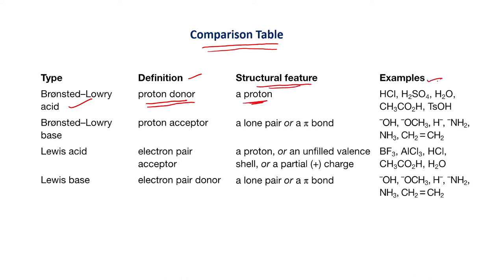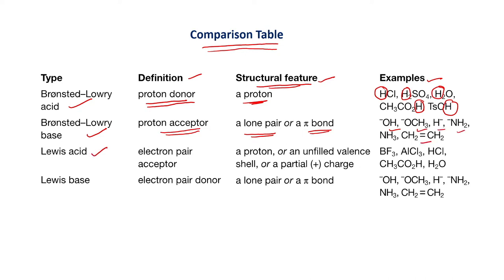In this example you can see there is a proton which they donate, so that is why they are Bronsted-Lowry acids. And Bronsted-Lowry bases we studied are proton acceptors. So the structural feature involves a lone pair of electrons or a pi bond system. So you can see they have a negative charge and a pi bond system, so they can accept a proton.